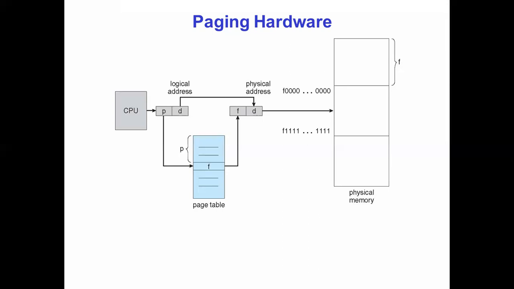Now the concept of paging: whenever we divide the memory space equally into a number of blocks, and if the block size is the same, then we can say it is paging. In the case of segmentation, the block size is different.